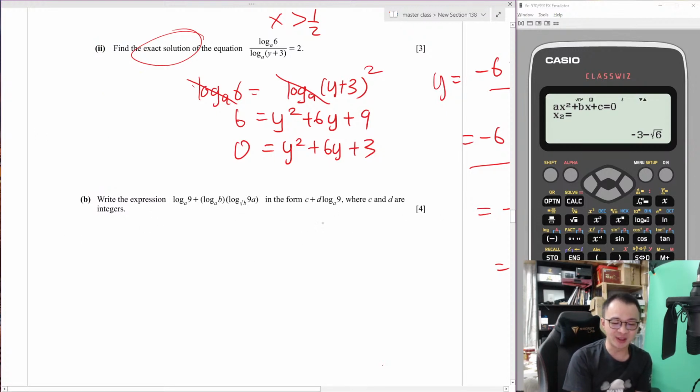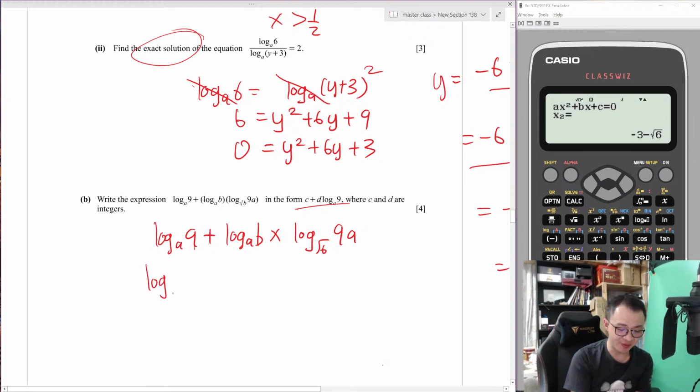Okay, we want to solve this one and leave our answer in this form. So this is log a 9 plus log a b multiplied by log b 9a. Okay, we try to simplify this one. This one log a b, never mind, I leave it first.